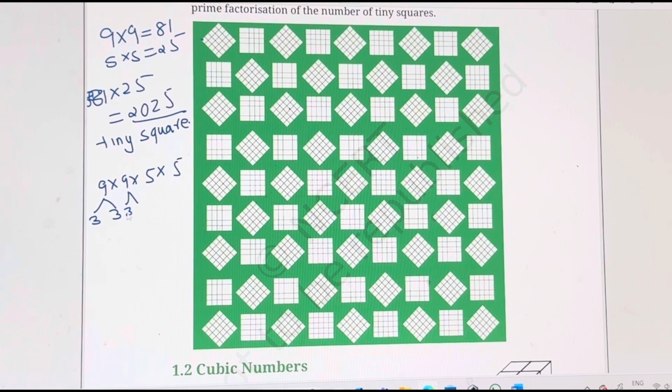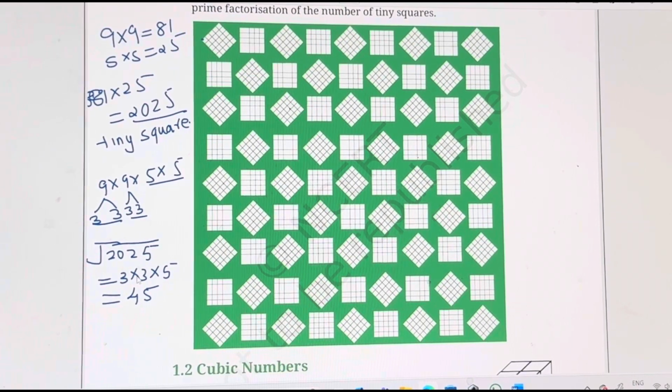Second 9, 3 into 3. And 5 are already prime numbers. So you get 2 pairs of 3 and 1 pair of 5. So if you want to find out the square root, that also can be done directly. So 2025, the square root will be, just take 1 out of each pair. So 3 into 3 into 5. So 5 3 3s are 9, 9 5s are 45 will be the square root of 2025.